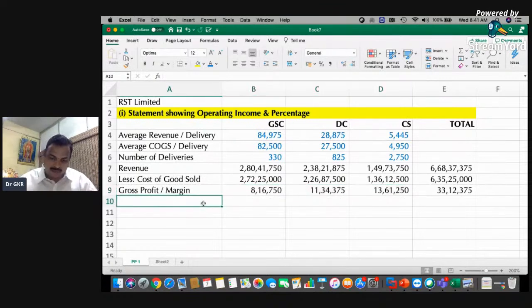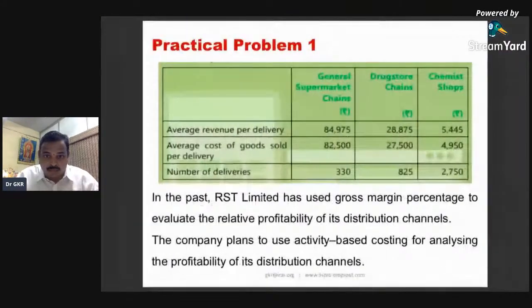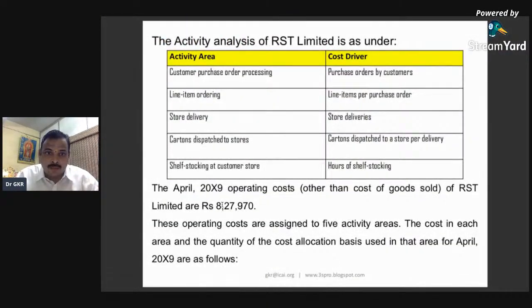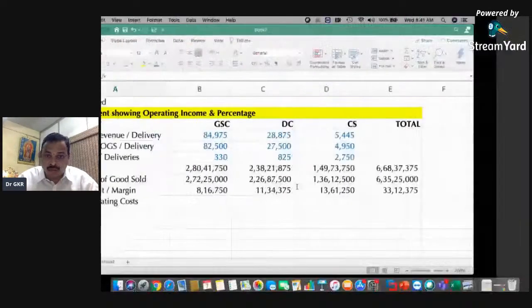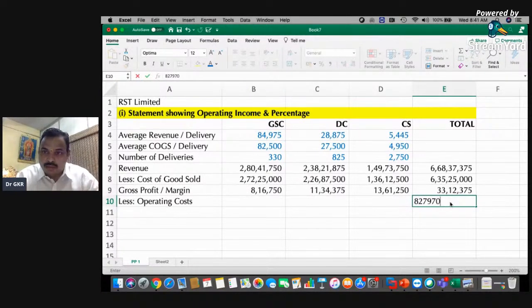Now what is your less operating cost? In your question, the operating cost is 8,27,970.